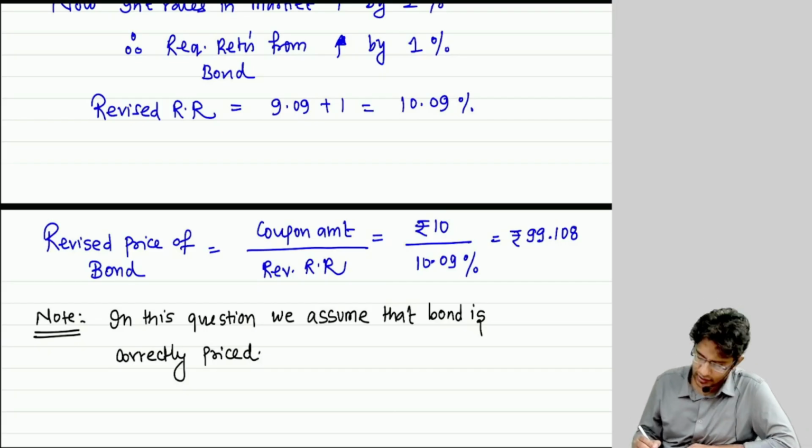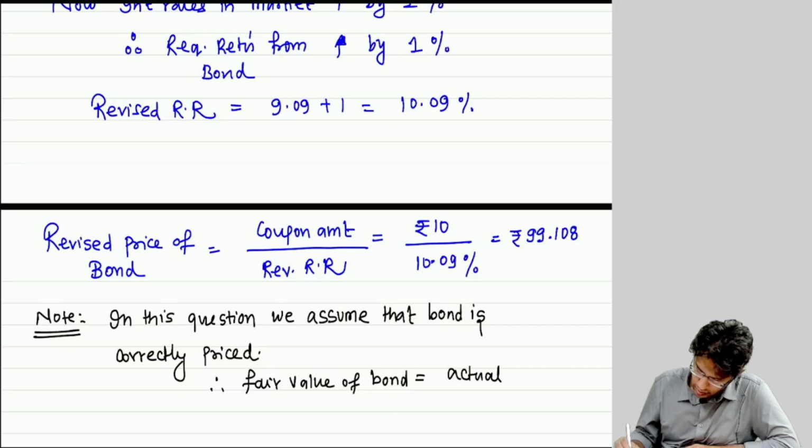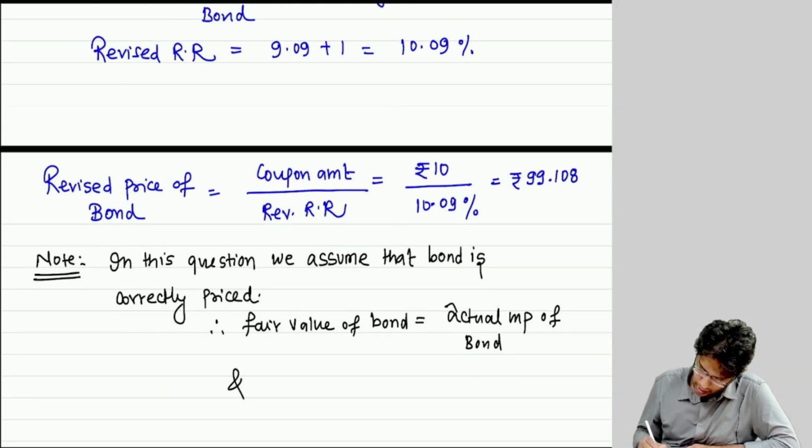Since the bond is correctly priced, what is the meaning of that? Fair value of the bond is equal to actual market price of the bond, and therefore required return is equal to YTM.